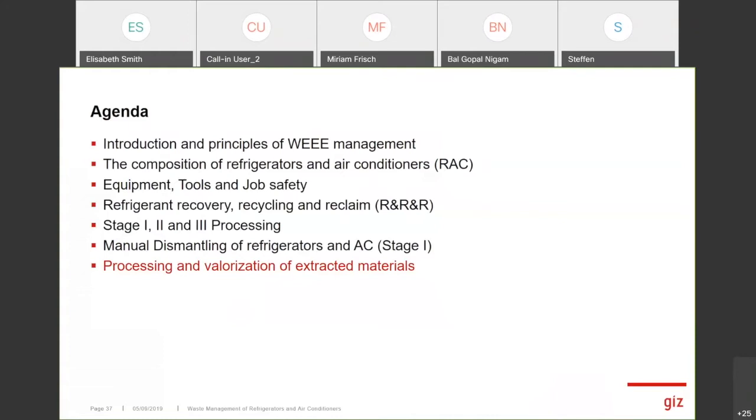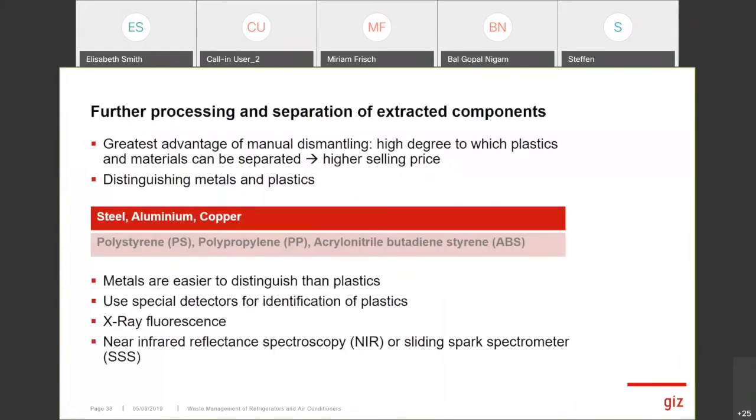So now we come to the last step. It is processing and valorization of extracted materials. With this process, further separation of extracted components takes place.